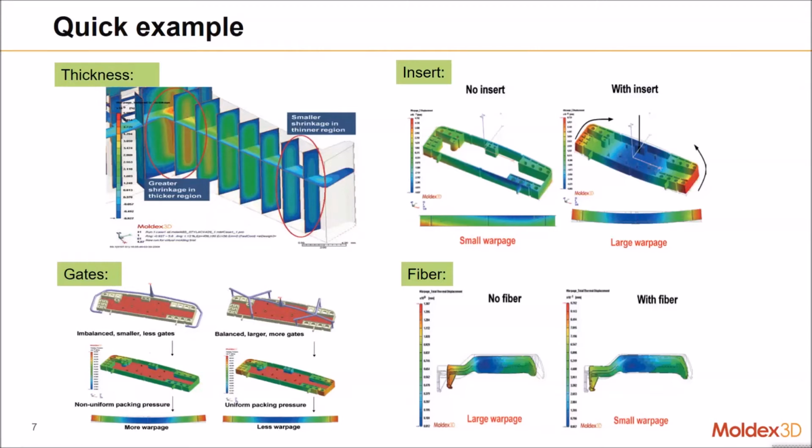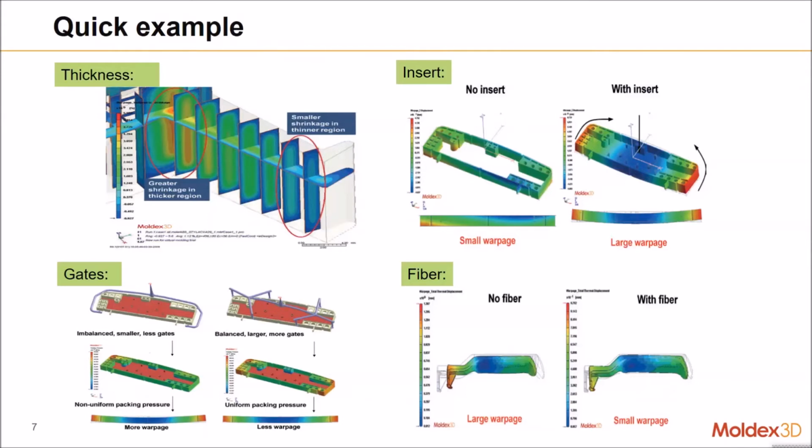Okay, the next one is the insert. In general, the part shrinks isotropically with a small deformation. We can see in this model, the left one is without the insert, and it shows a smaller warpage problem.